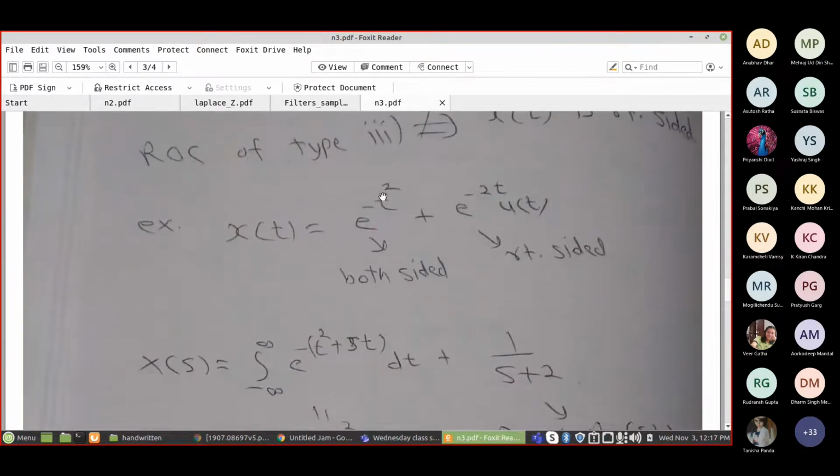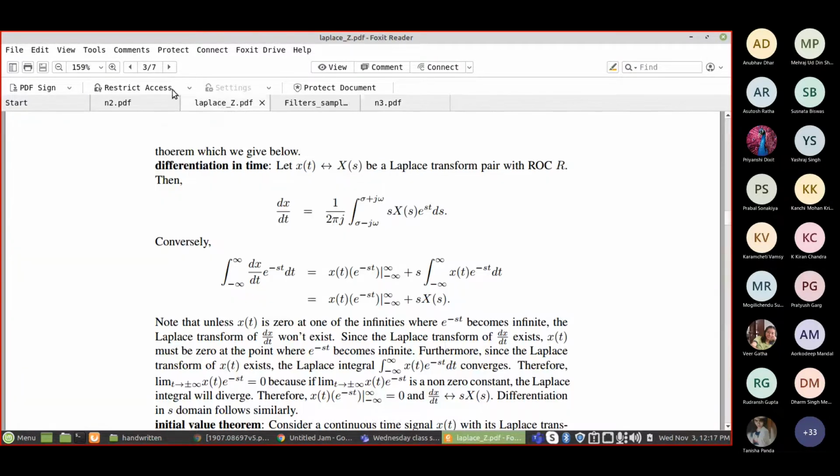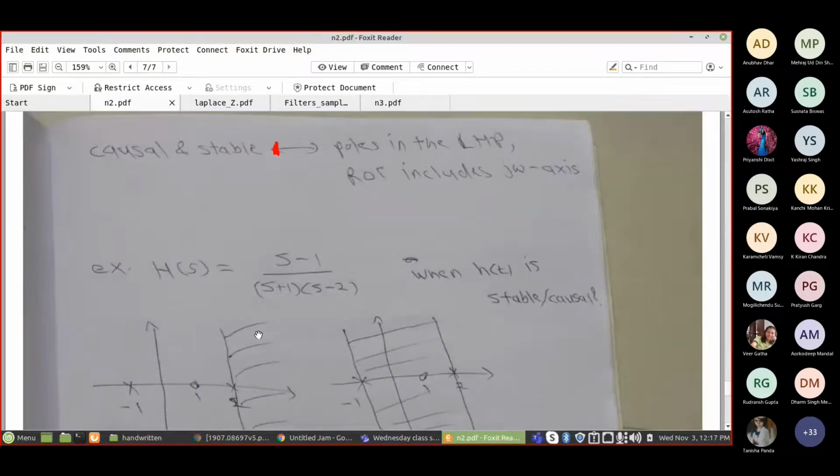So if you take signals of this kind, their Laplace transform involves terms like e to the power s, s square plus 4. Those kinds of things will show up in the Laplace transform expression. So once the Laplace transform expression is given, then this becomes both sided due to uniqueness of Laplace transform.